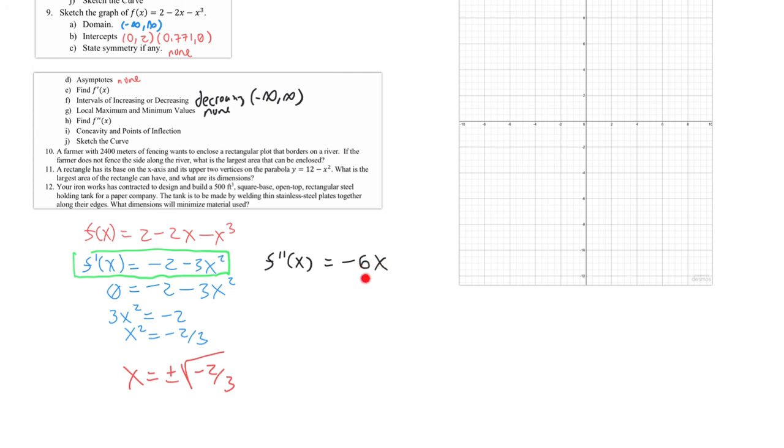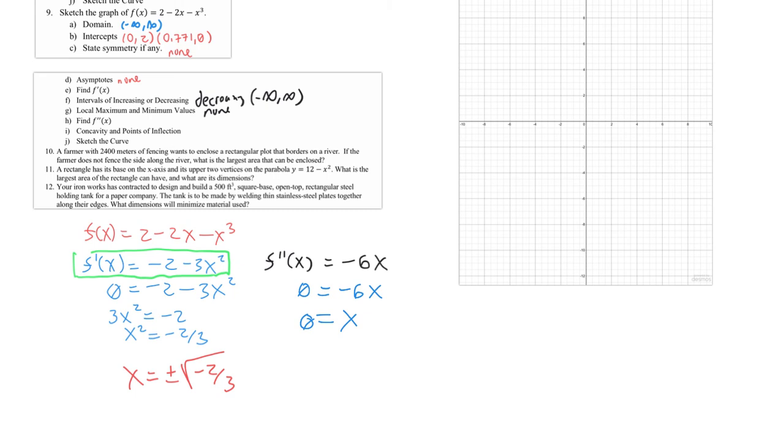So that is the second derivative. Pretty easy, actually, right? Then we want to find concavity and points of inflection. Of course, we're going to be setting that equal to 0. And in this case, we do certainly have a critical value where x equals 0.